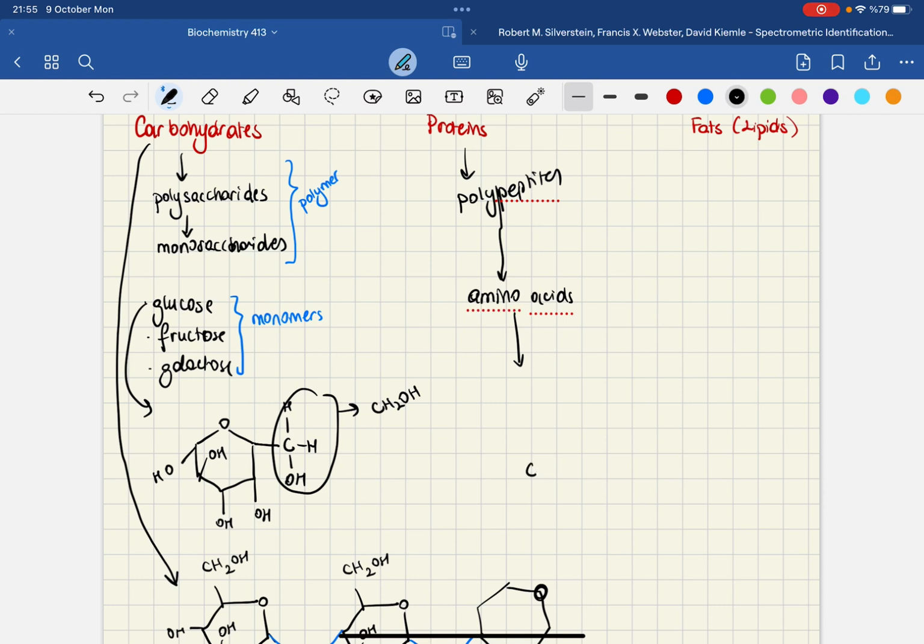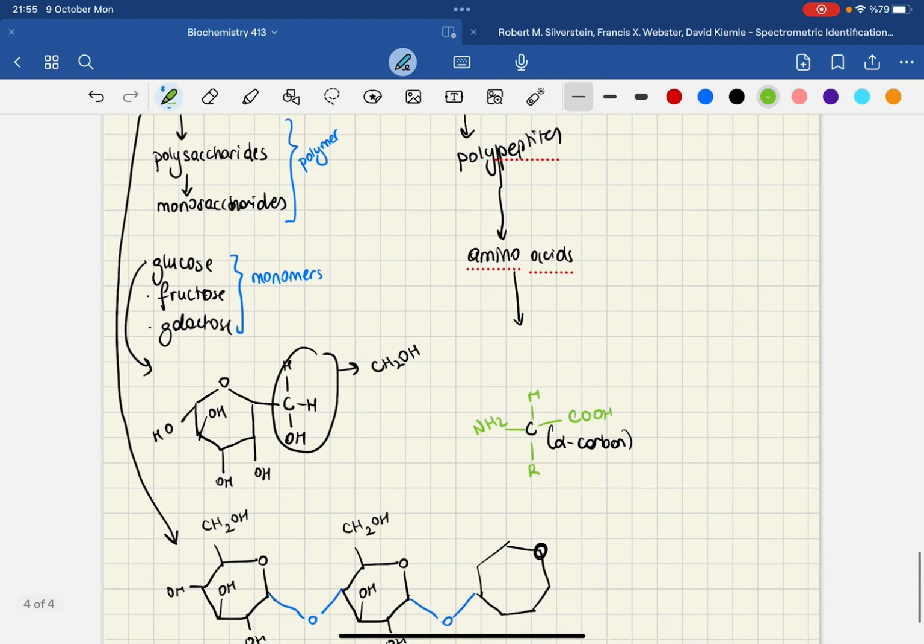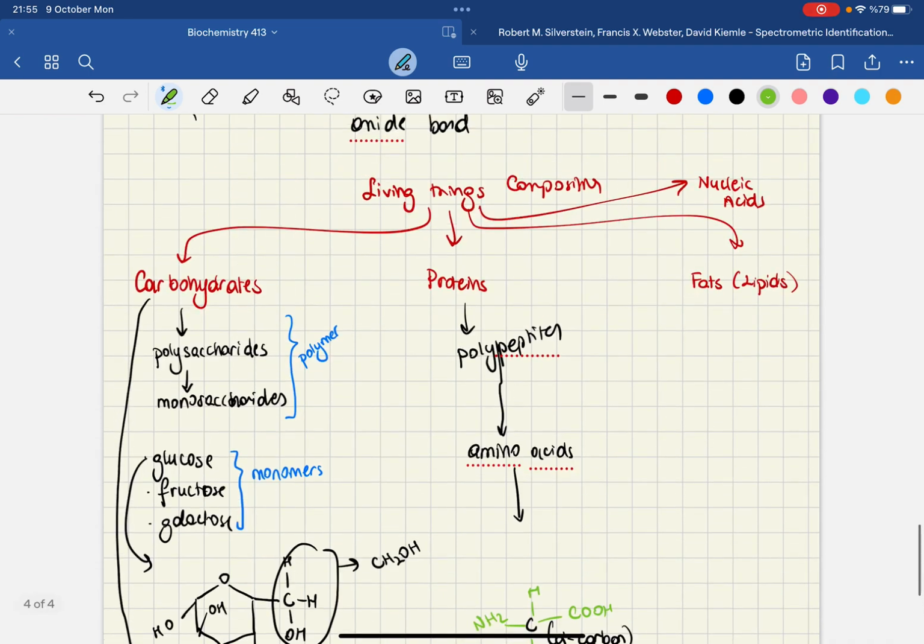We have a carbon, which is called the alpha carbon, and we have an amino group attached to it, an R group attached to it, and a carboxylic acid. And we have one hydrogen. Amino group and carboxyl group we have. And this is the general structure of an amino acid.